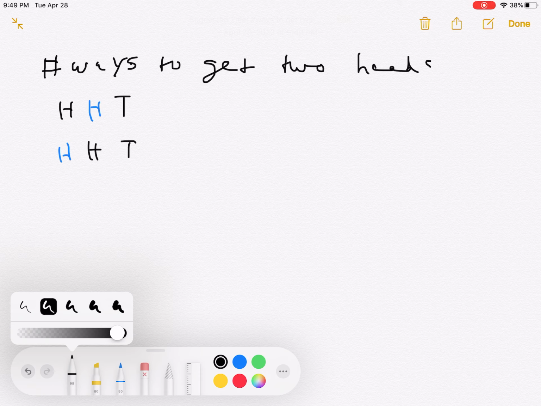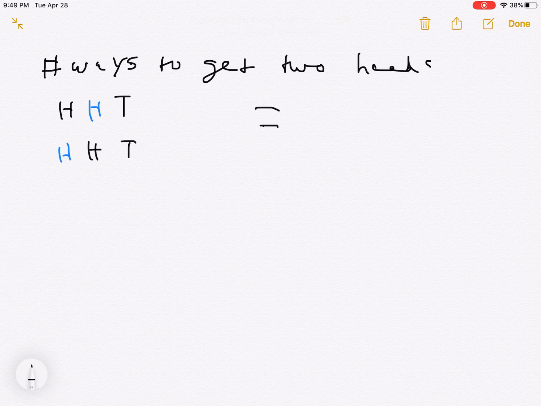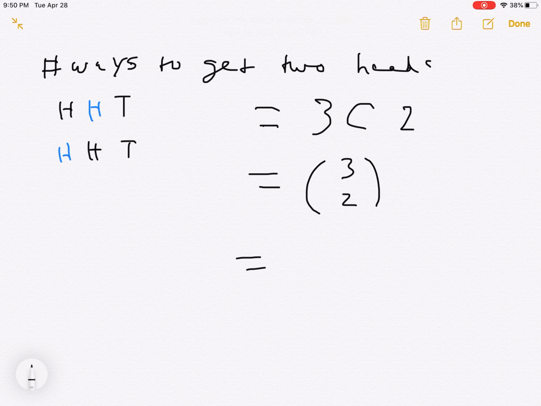Okay, so there are 3 tosses of the coins, and I need to choose 2 of them to be heads. Another way of writing that you'll see me do is 3 choose 2 like that. That's going to be 3 factorial over 2 factorial times (3 minus 2) factorial.